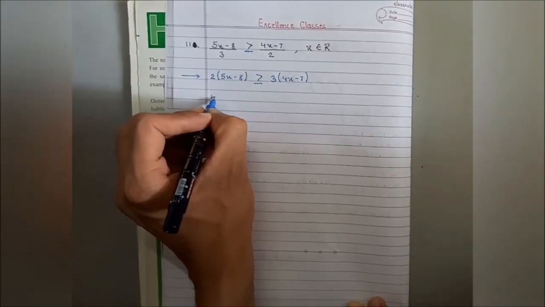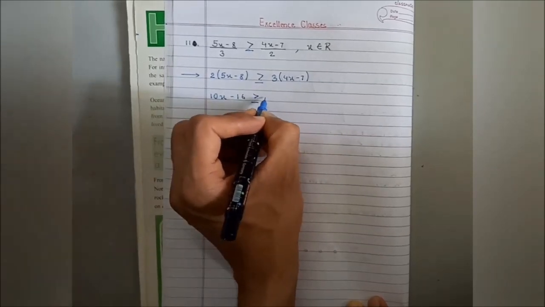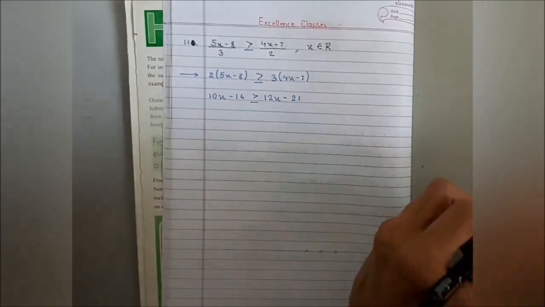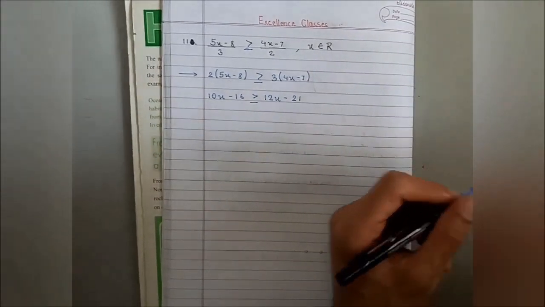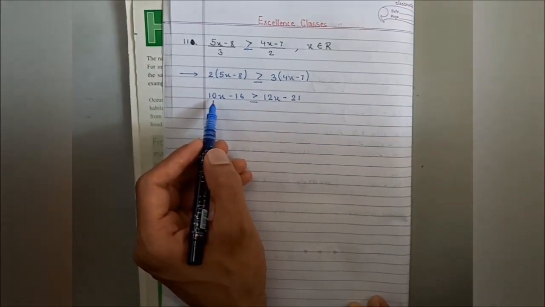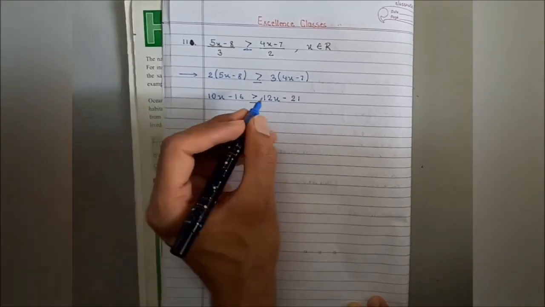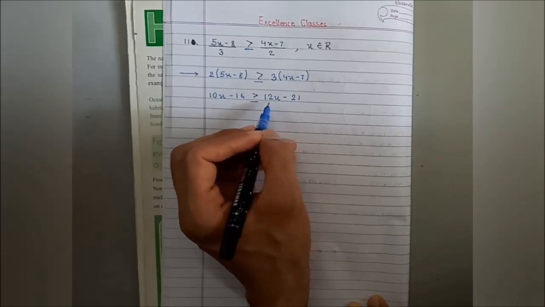Now this gives me 10x minus 16 greater than or equal to 12x minus 21. If I want to remove this 10x, I'll have to subtract 10x from both sides, or if I want to remove this 12x, I'll have to subtract 12x from both sides.